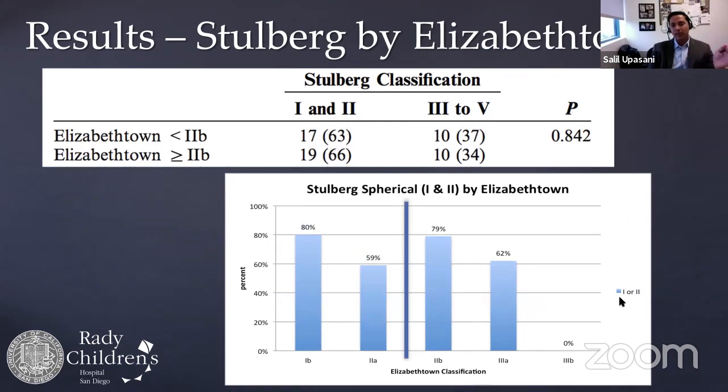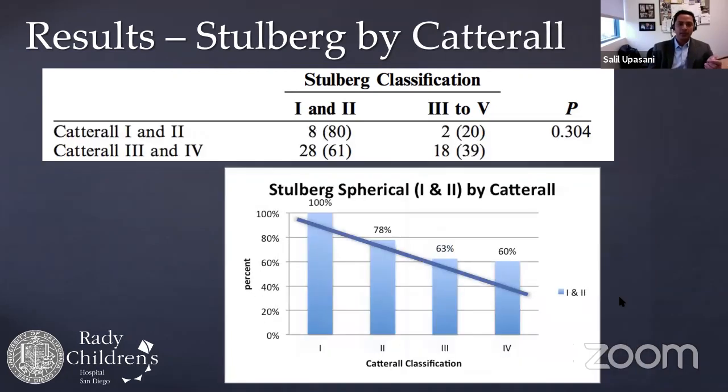You can see the Elizabethtown classification, so doing them early, doing them late, didn't have a significant impact on the results, but 80% 1s and 2s, which is good. And then Catterall, in terms of how much of the epiphysis is involved, 80% with the less involved, 61% with the more involved. So I think it's a reasonable approach.